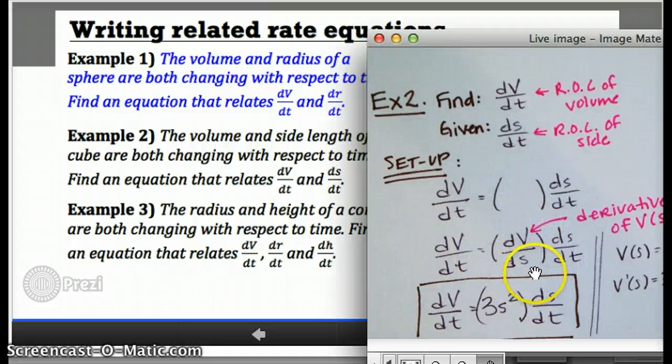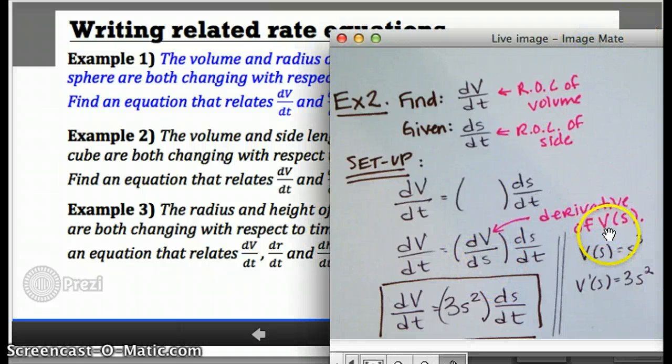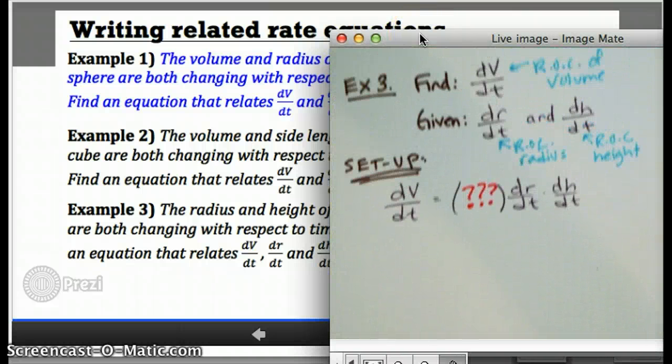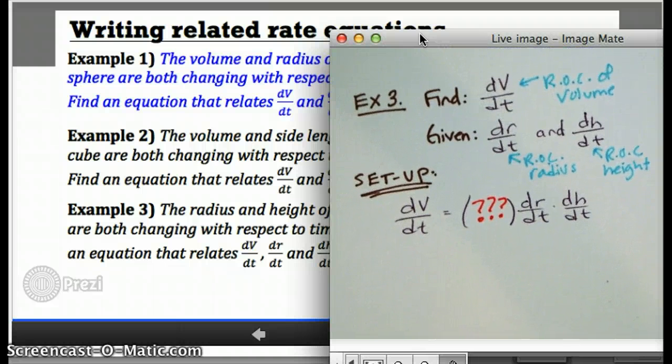Then I interpret what this means, and dv ds means the derivative of the function whose input is s and output is v, in other words, volume and side length. And so I just find the formula for the volume of a cube, and you have to know we're talking about a cube here. And then I take the derivative, which is just 3s squared, and that's where my answer came from. Example 3 might have been slightly more difficult, and maybe you got this far in your setup and then got stuck.